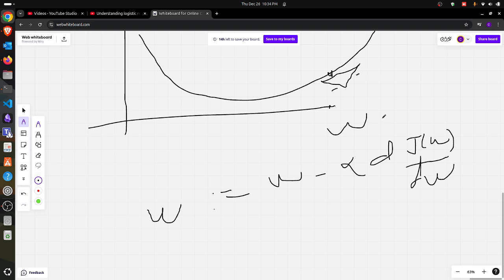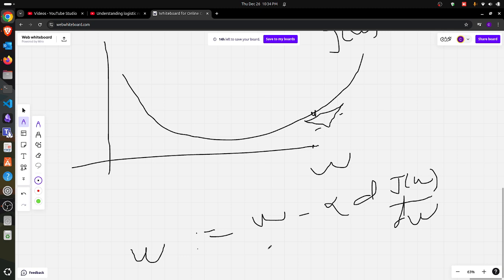If this thing is positive, then this term will be subtracted from w, and the whole thing will go to the left, and that's how it will be.